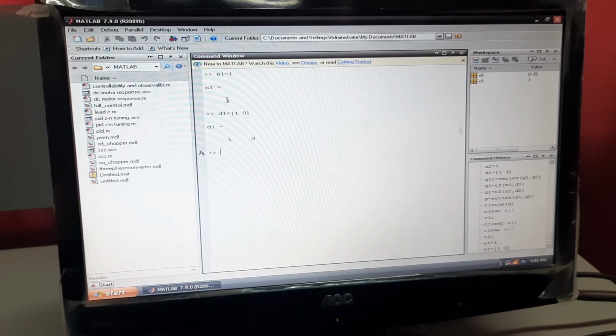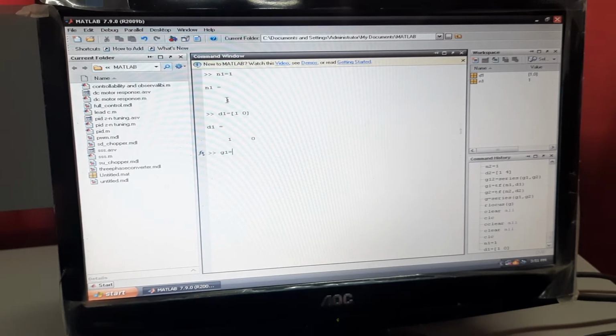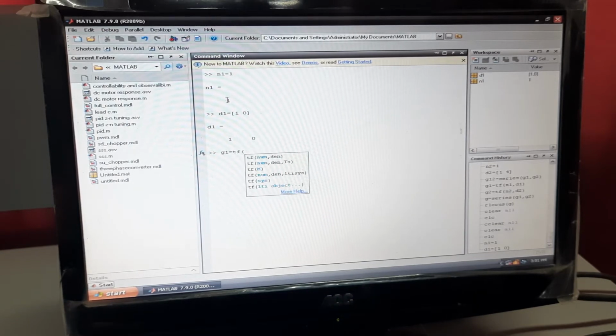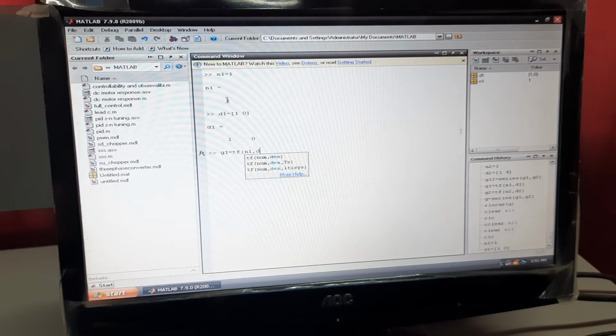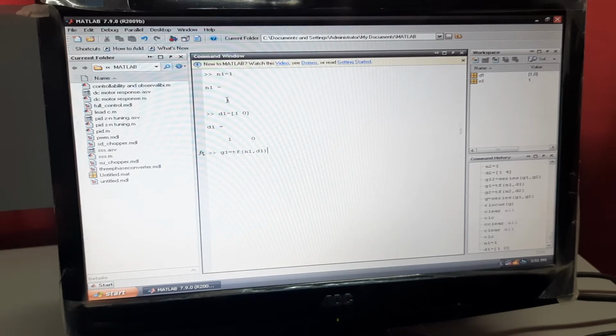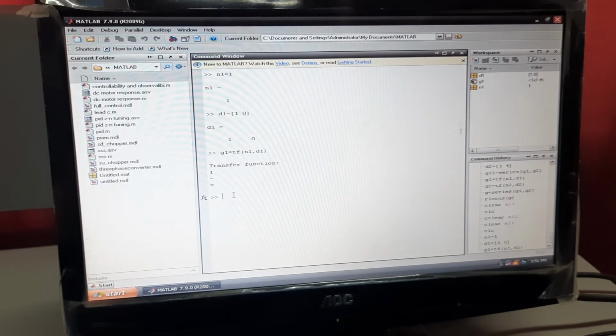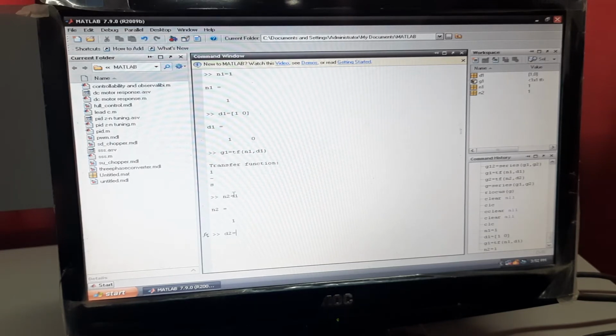So if I write G1 equals to TF, in first bracket N1 comma D1, this will be the transfer function 1 by S. In the next case we have to mention 1 by S plus 4. So N2 equals to 1, then D2 will be equals to 1 space 4.